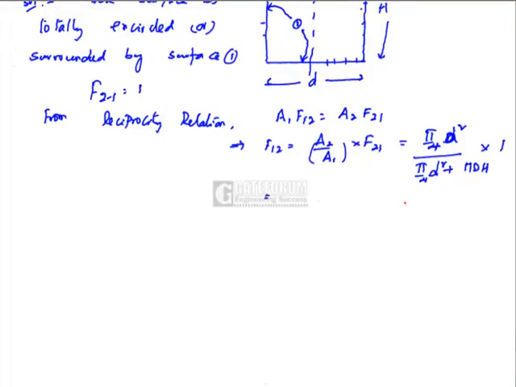It becomes pi by 4, pi could be cancelled. First of all, pi could be cancelled.